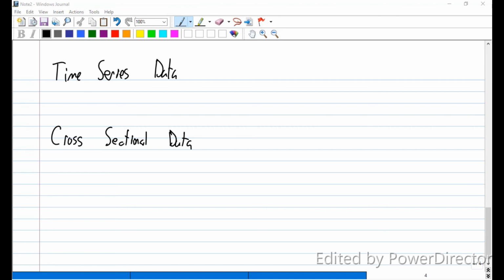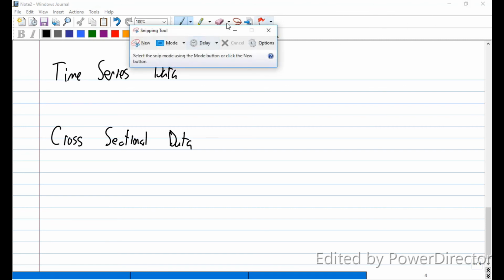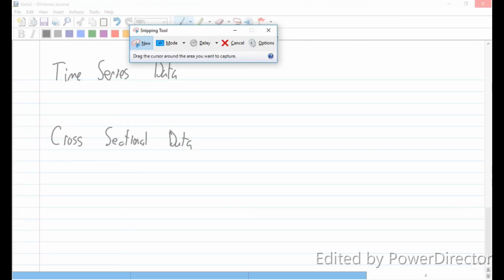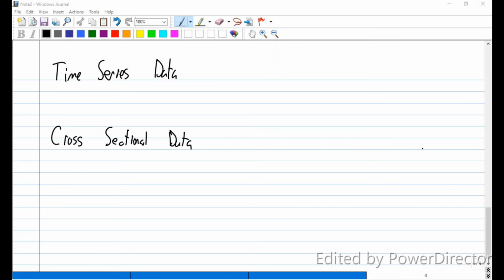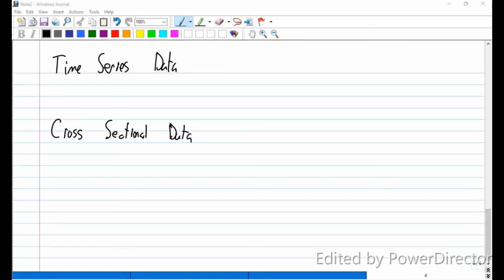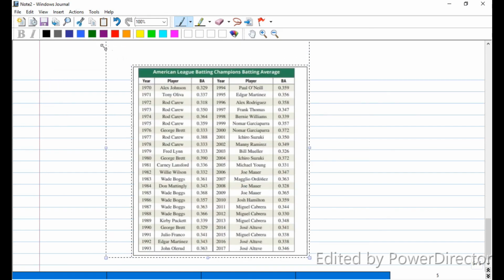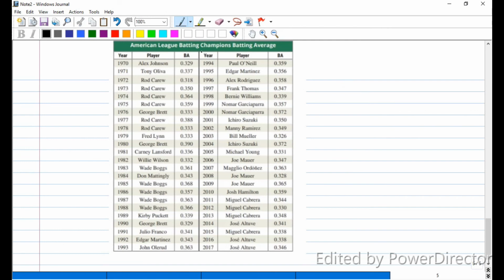Here are some batting averages right here. This was the American League batting champion from 1970 to 2017.